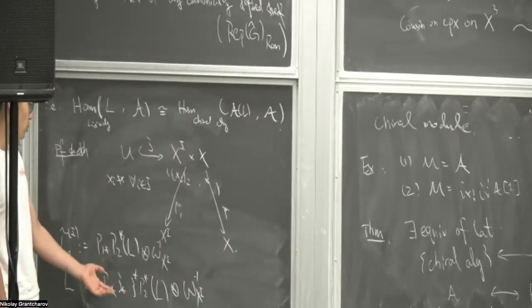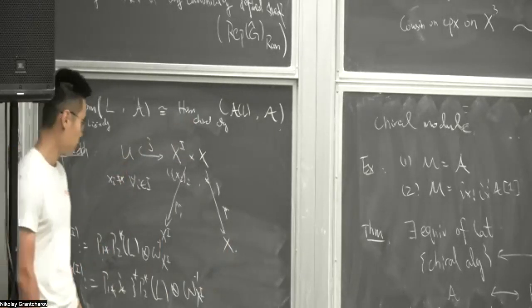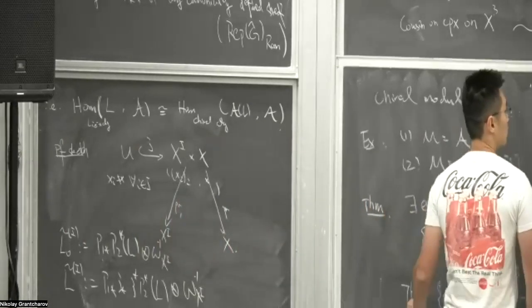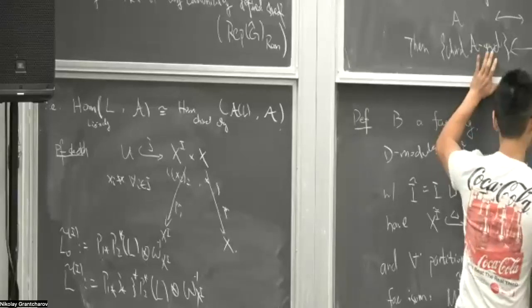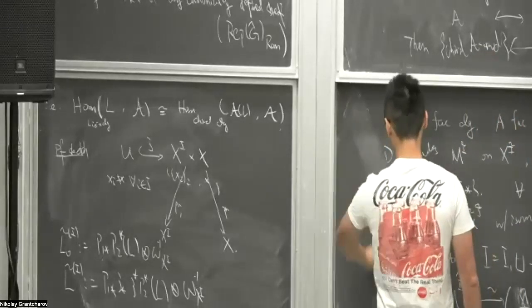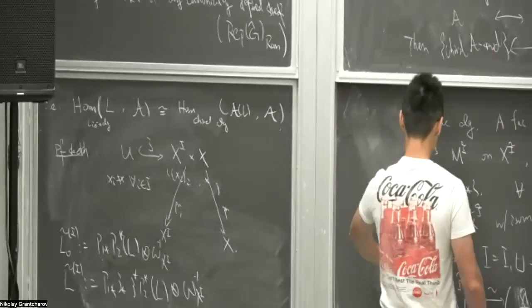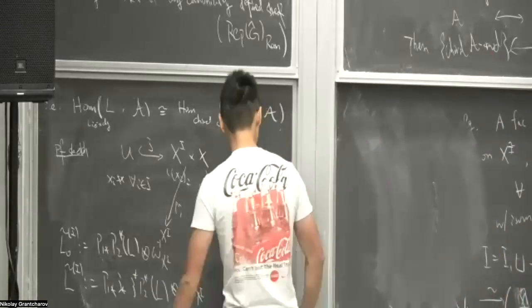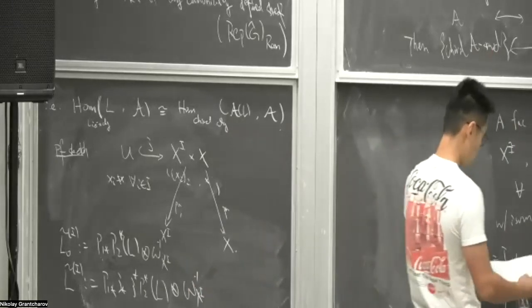Okay, just pull all the way to U instead of the side. Because L is a Lie algebra, those are also Lie.